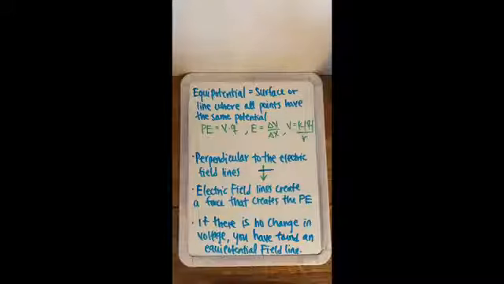Next, we need to know that electric field lines create a force that creates the potential energy difference. We discussed gravity. An electric field acts a lot like a gravitational force. Lastly, if there is no change in voltage, you know that you have found an equipotential field line.